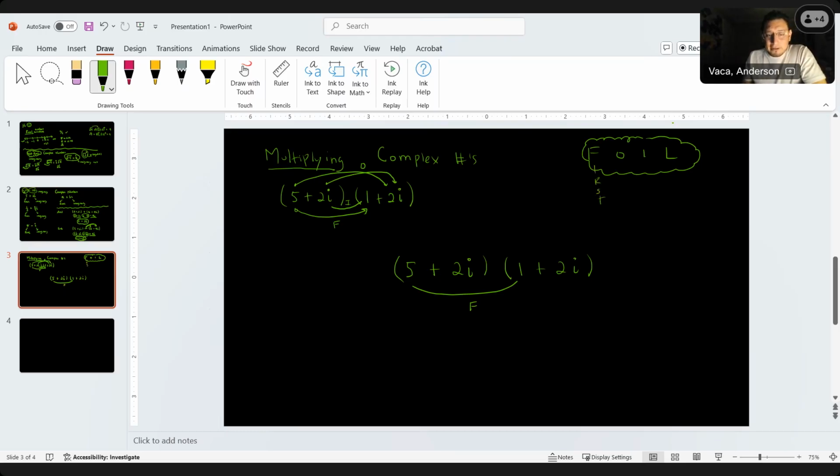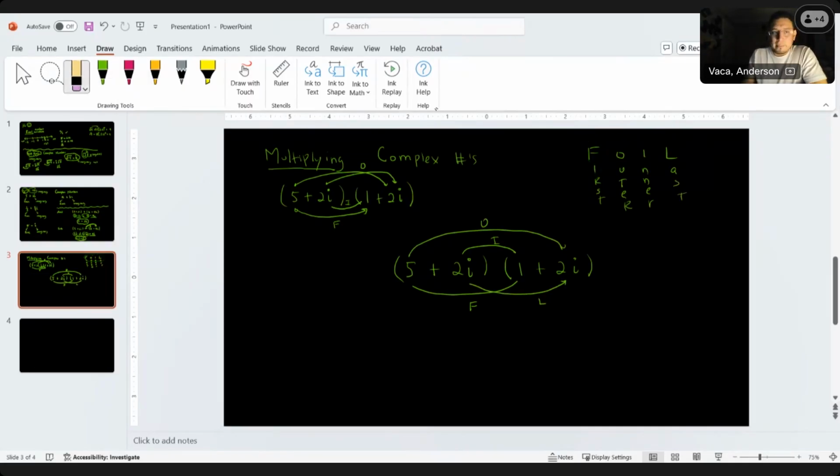Then I'm going to do the outers, which in this case will be 5 times 2i. Then we're going to multiply the inner terms. And then we'll multiply the last terms, which in this case will be 2i times 2i. So let's go ahead and get going.